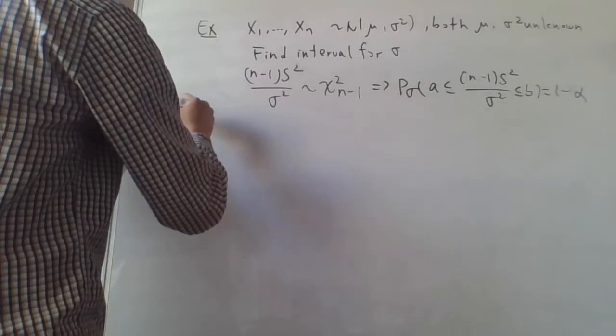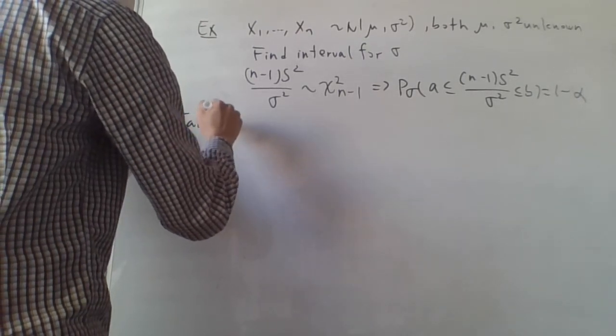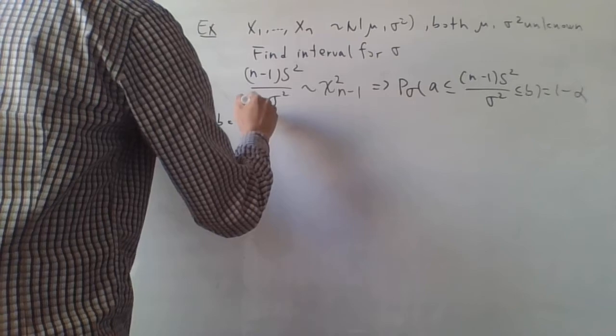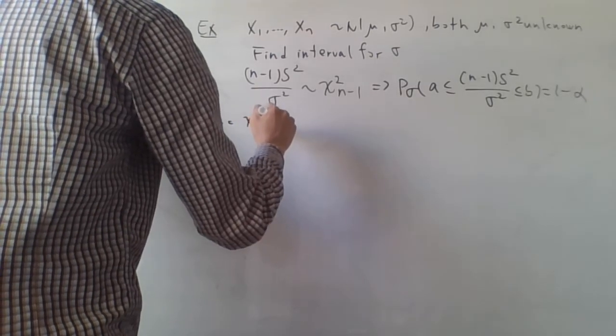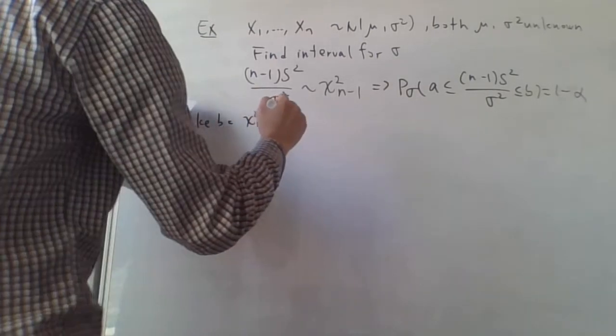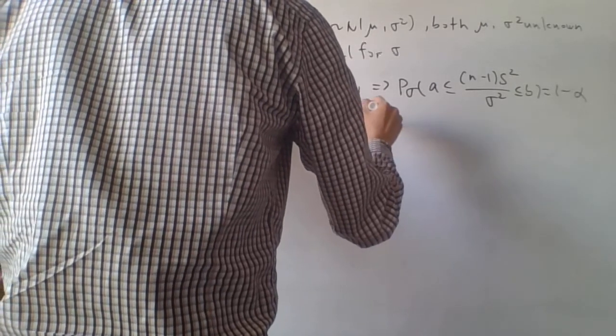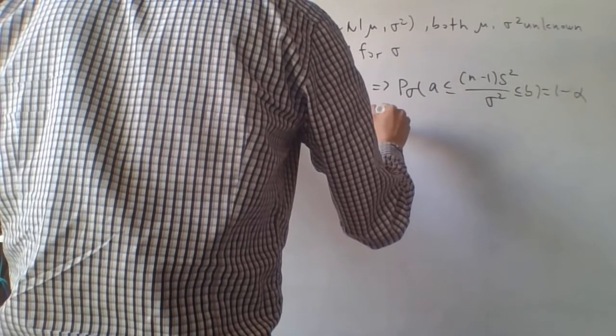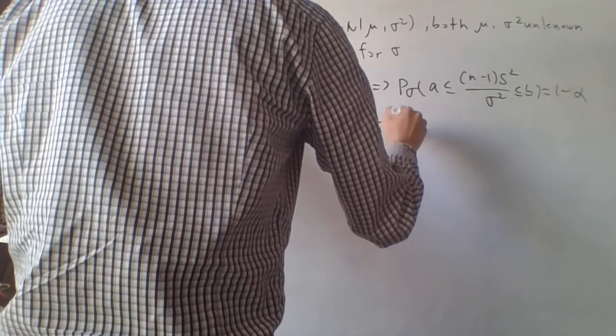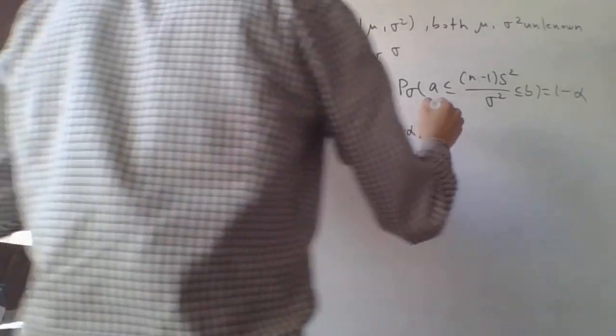Just take b as the chi-square distribution n minus 1, alpha 1, and we take a as the chi-square distribution n minus 1, 1 minus alpha 2, such that alpha 1 plus alpha 2 equal to alpha.